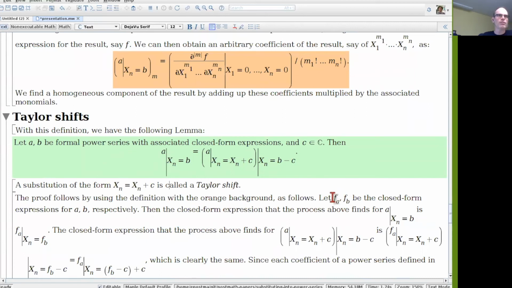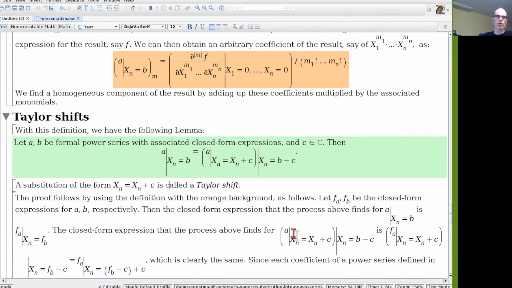If you have two closed form expressions, FA and FB for A and B, the closed form expression that the above process finds for the left-hand side here is FA evaluated at xn equals FB.